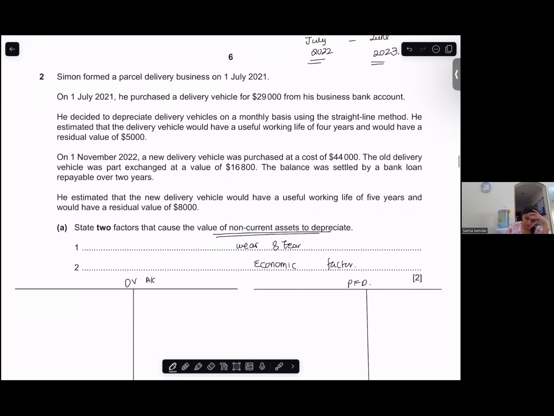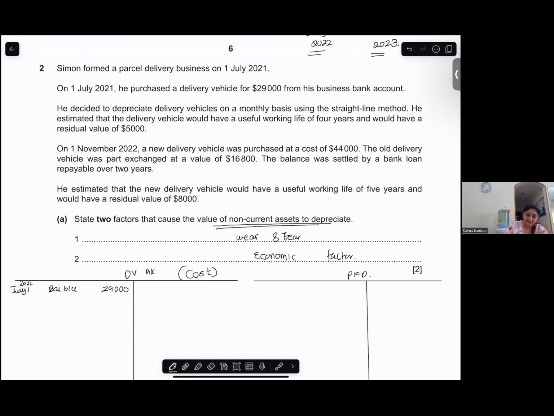So on July 1, 2022, I have a balance brought down of my vehicle, 29,000. Since I am making the delivery vehicle account and the provision for depreciation account both, it means that this account is maintained at cost. Are you with me? Yeah. Okay, fine. This is done and incorporated as well.